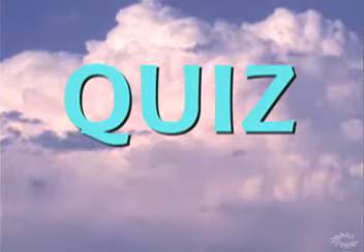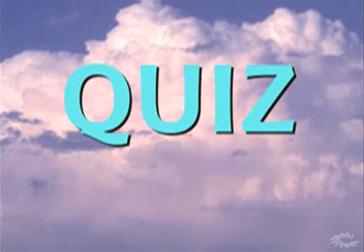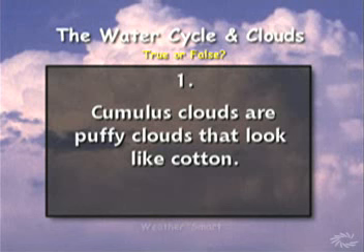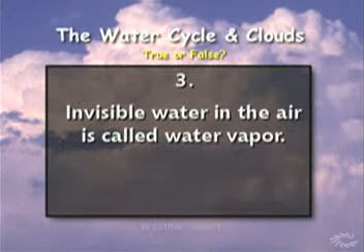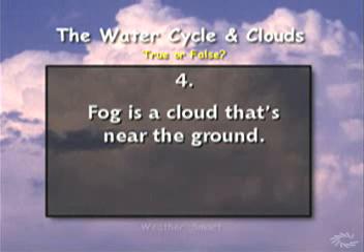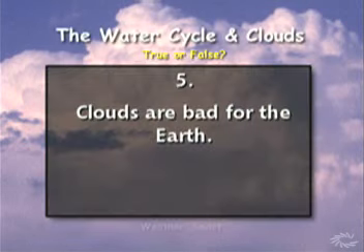Now that you are clear on clouds, let's take a quiz. True or false? Number 1. Cumulus clouds are puffy clouds that look like cotton. Number 2. Sometimes the water cycle stops. Number 3. Invisible water in the air is called water vapor. Number 4. Fog is a cloud that's near the ground. Number 5. Clouds are bad for the earth.